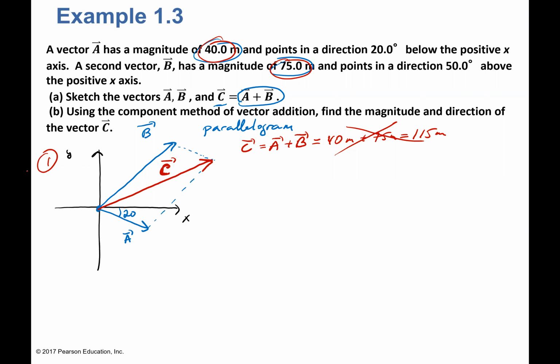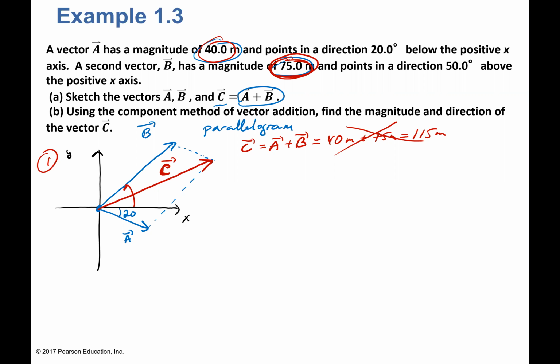And then you should get the magnitude and direction of vector C comparable to what we are drawing over here. See, my drawing here tells me that vector C is actually longer than vector B, and vector B has a magnitude of 75. That means the magnitude of vector C should be, roughly, I imagine, maybe 90. We'll calculate and see what we get, but I'm estimating. Also the direction.